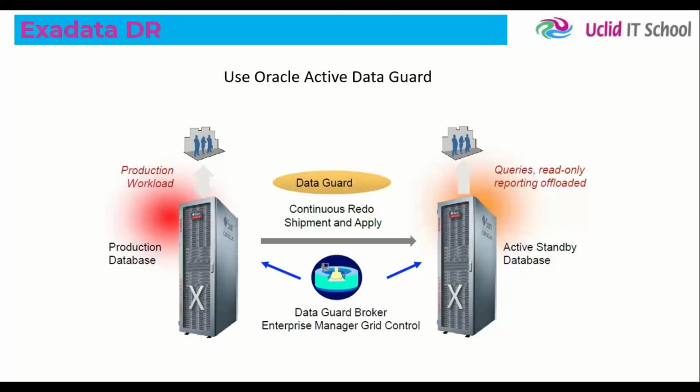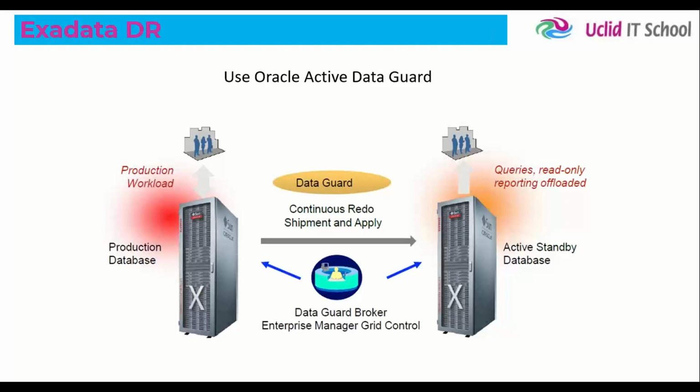Then disaster recovery. Now you purchased the high-end system, the best system on this planet, Exadata system, to deploy your Oracle database. It comes with all high availability, scalability, excellent performance, everything is good. But what happens if the entire rack fails?